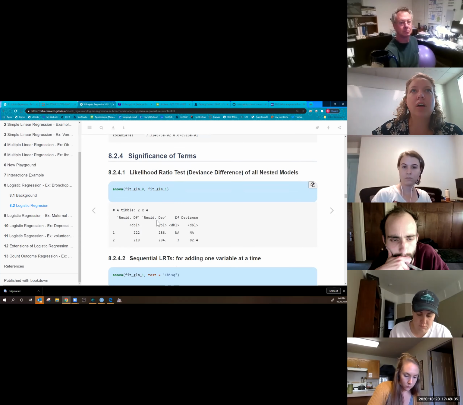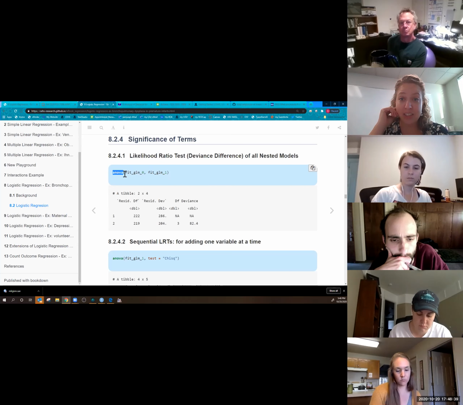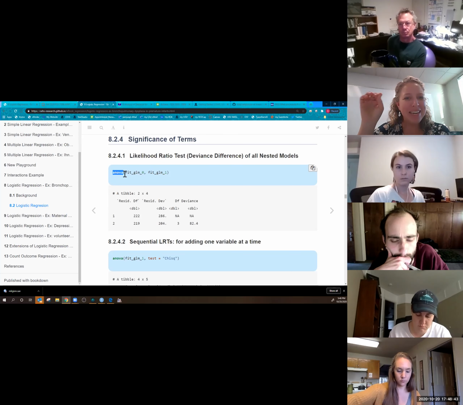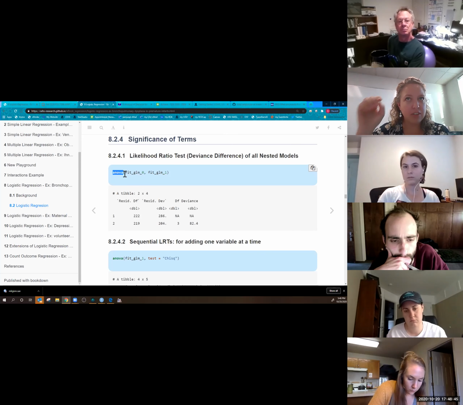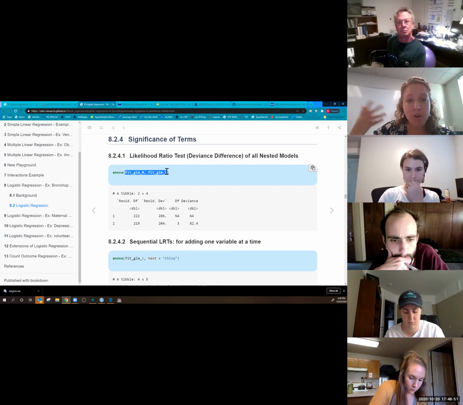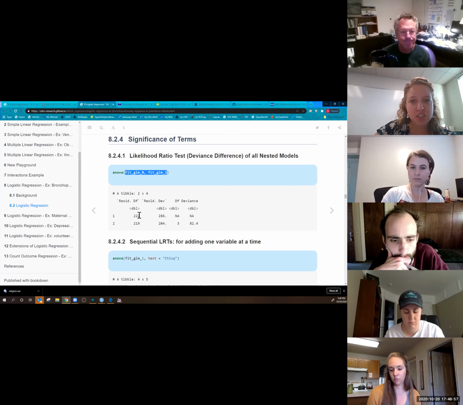Okay, so we can use our ANOVA command to run a likelihood ratio test for logistic regressions just the same way, but it doesn't happen by default. If you say ANOVA and give it 2 logistic regression models, it won't automatically do the likelihood ratio test. It gives you this nice little table of deviances and residuals, but it doesn't actually do a test.